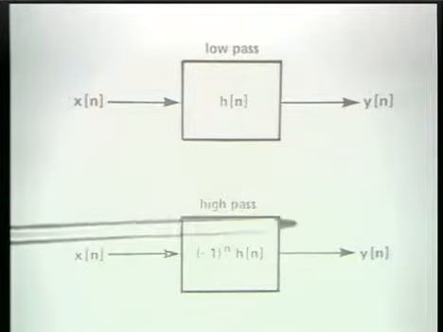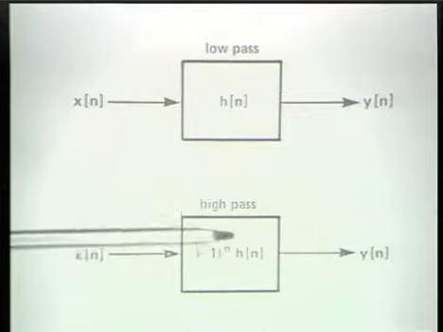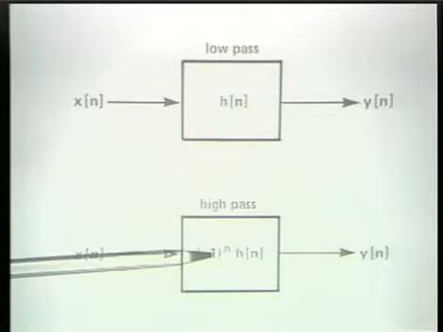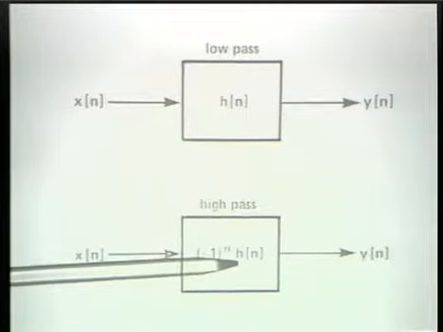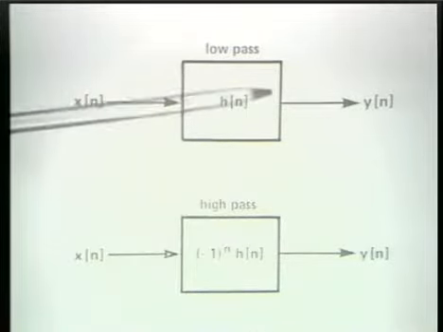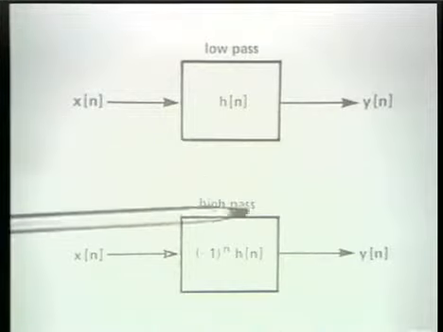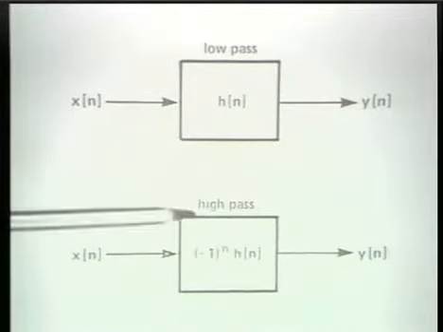And this modulation by minus 1 to the n will take the frequency response of this system and shift it by pi so that what's going on here at low frequencies will now go on here at high frequencies.